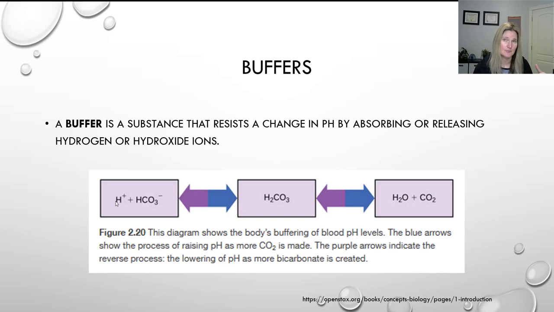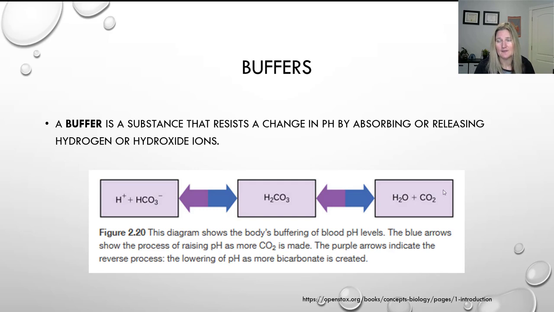So that'll prevent your blood pH from becoming alkaline or a higher pH. Okay, so it kind of works both ways. So if our blood pH becomes too acidic, we can get rid of that excess through the buffering system to bring it back to the normal zone.